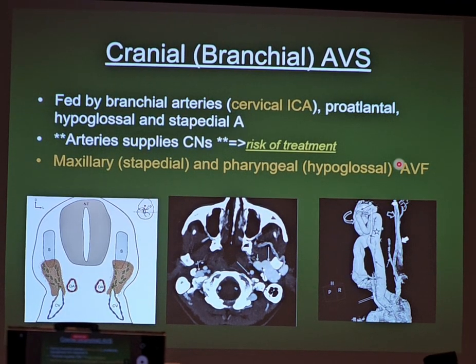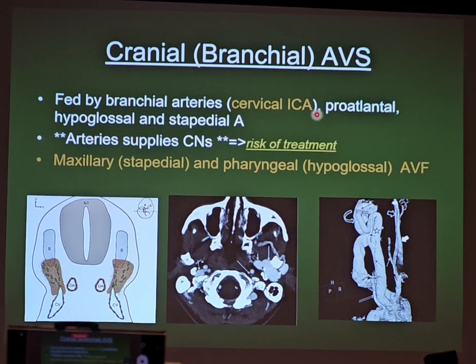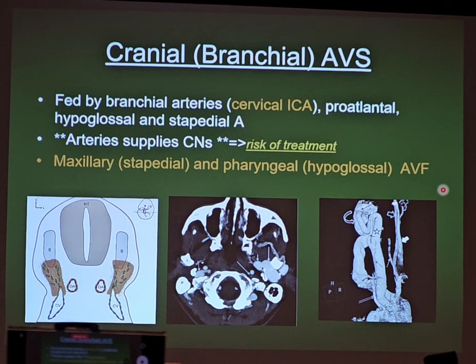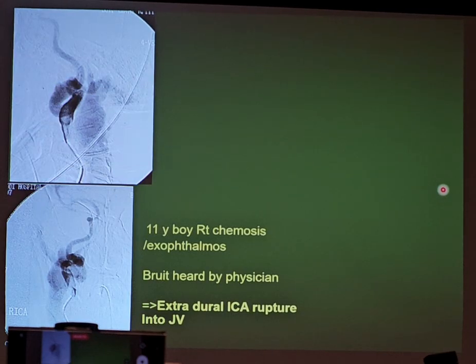So we can start by seeing examples, beginning with the level of the cervical internal carotid artery. You know that all of the segmental arteries have some risks related to cranial nerve supply, so during your treatment you should be able to avoid them. Here is a case at the internal carotid artery.